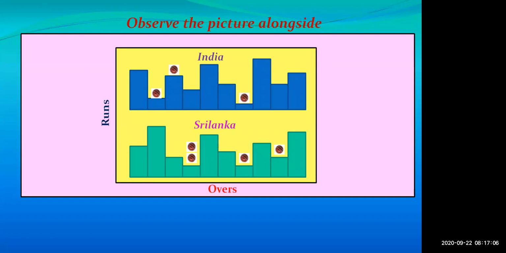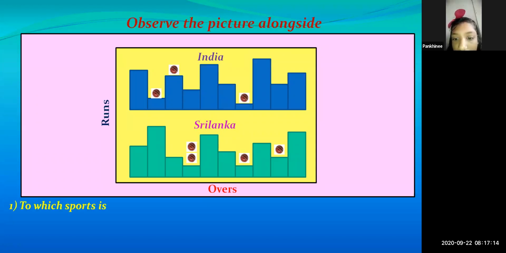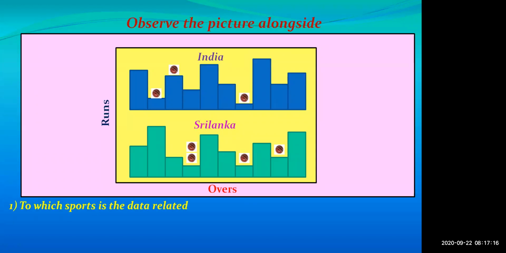Can anyone, yes, Pankhini or Asdan, tell me what this picture is showing? Sir, about cricket. About cricket, you can see in this picture, two teams are there, India and Sri Lanka, and they're playing cricket. So you can see number of overs here, number of runs here. So this data is related to cricket.